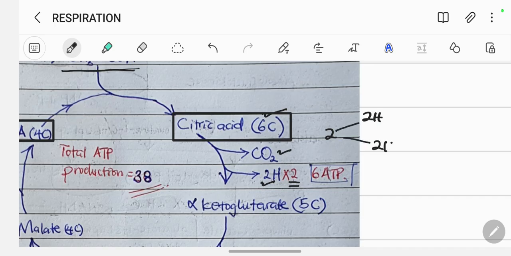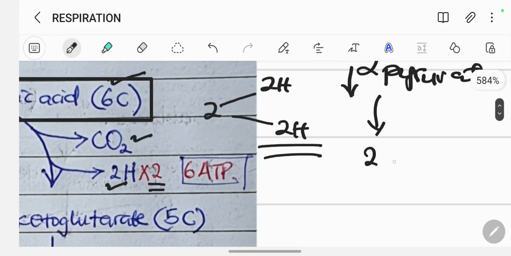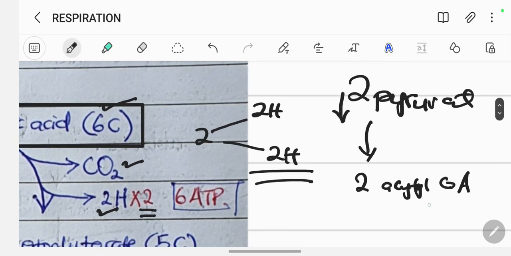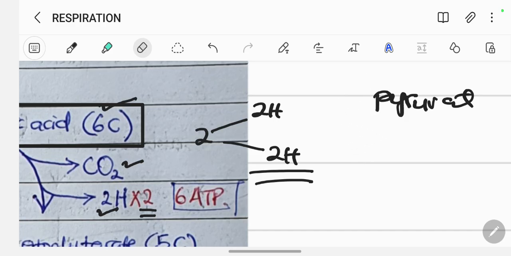Why? Because we fed in 2 pyruvate. This 2 pyruvate gave us 2 acetyl coenzyme A. So I think that one is clear. Let us not confuse them.